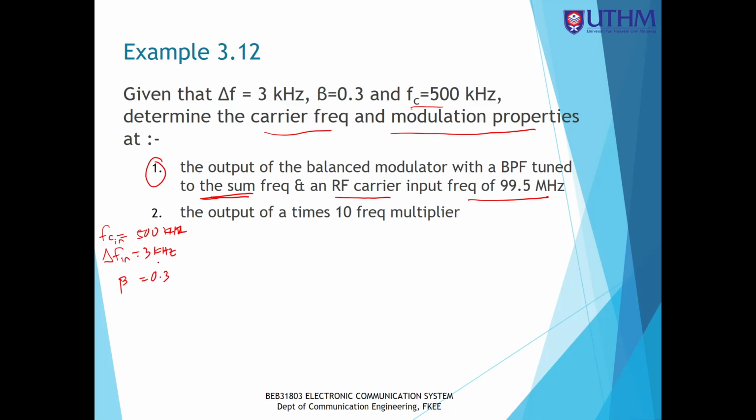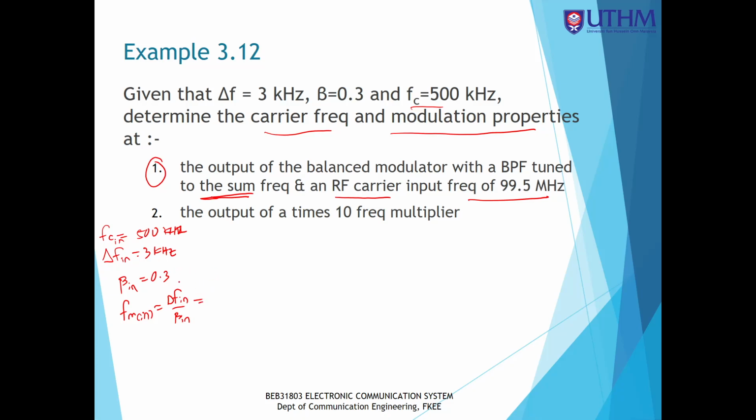What else can we find from here? We can find FM from delta F equals KF times VM, delta F over FM. So FM in is equal to delta F over beta in.